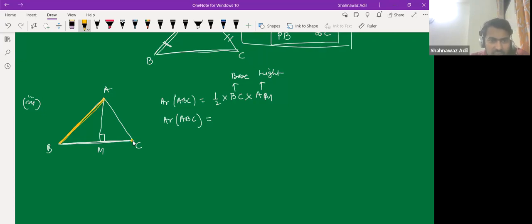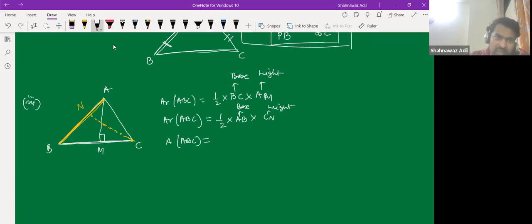And you have to draw the perpendicular from here. Let's say this is N. So if I choose my base as AB, then my height would be CN. So these are all the areas of this triangle.